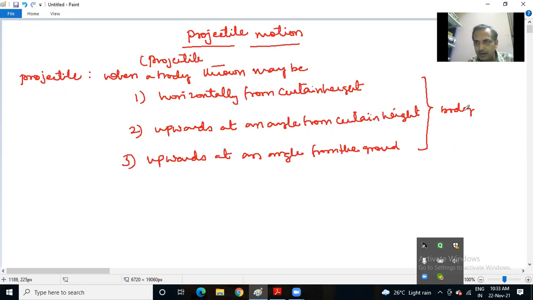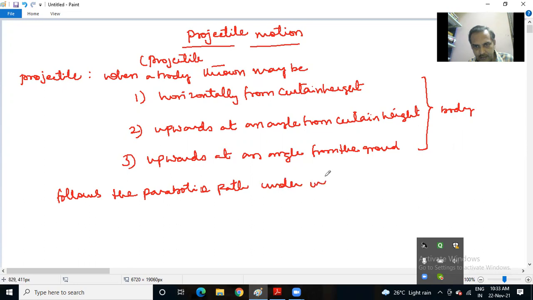This body follows a parabolic path under the influence of gravity, that is, acceleration due to gravity. Then this body is called a projectile.